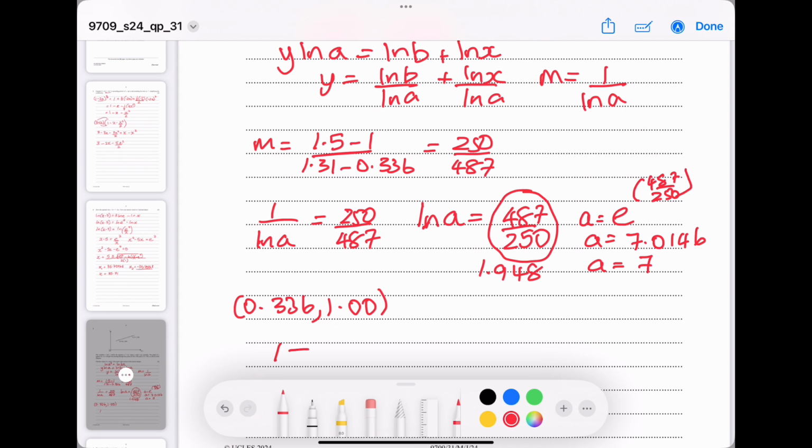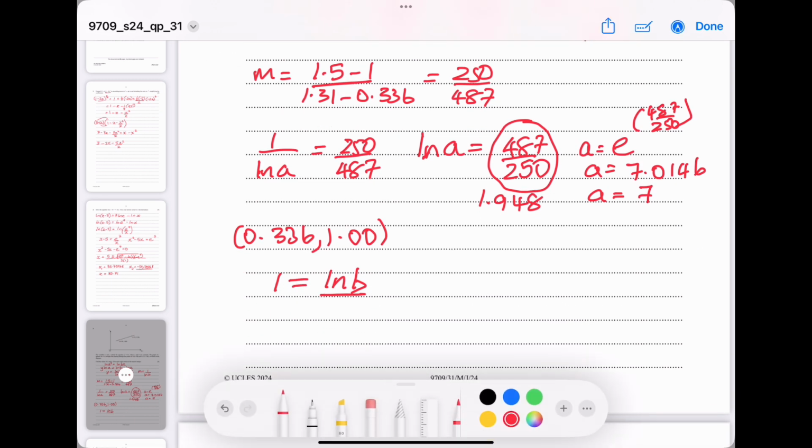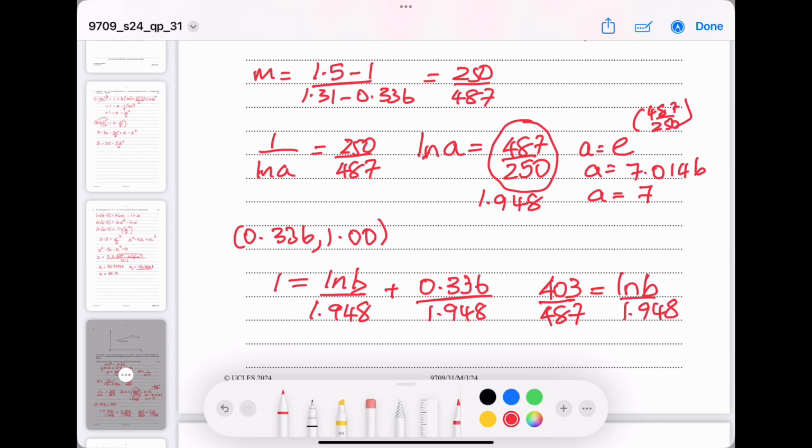So I've got 1 is equal to ln b over 1.948 plus 0.336 over 1.948, which gets me 403 over 487 is equal to ln b over 1.948, which means ln b is 403 over 250.